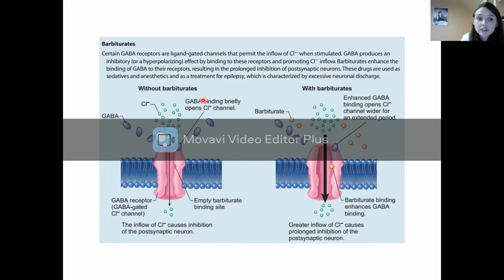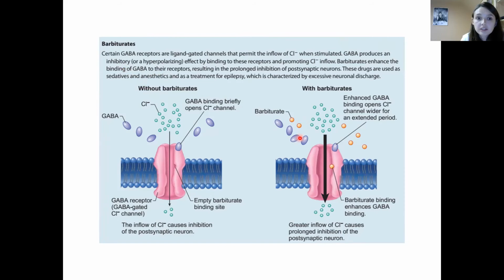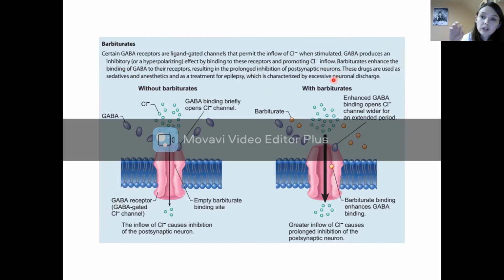Barbiturates enhance the binding of GABA to the receptors. So barbiturates will help the small amount of GABA present in a person with seizures to bind to the receptors, resulting in a prolonged inhibition of the postsynaptic membrane.